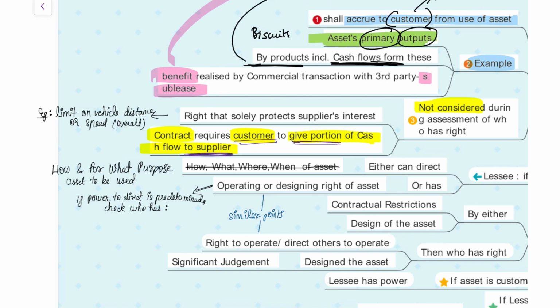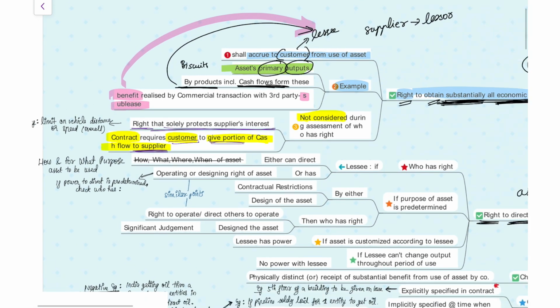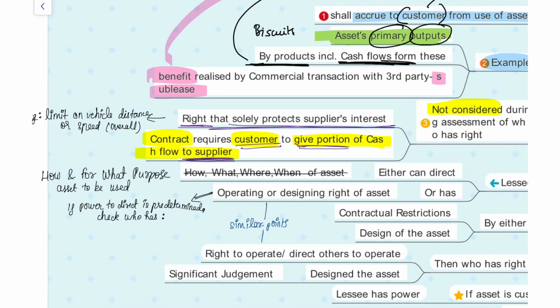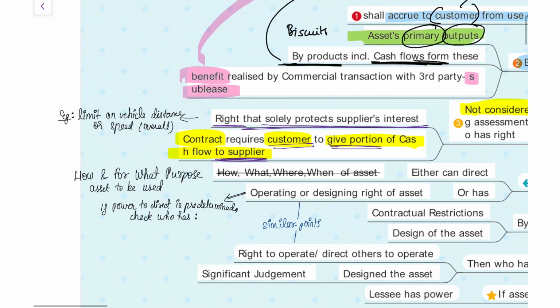And the second thing is a right that solely protects the supplier's interest. This is actually related to the next point, but okay, I'll explain it right here itself. Suppose the lessor has given a bike as a leased asset to the lessee, and the lessor has put a condition that you will not ride this bike above a speed of, suppose, 60 km per hour.